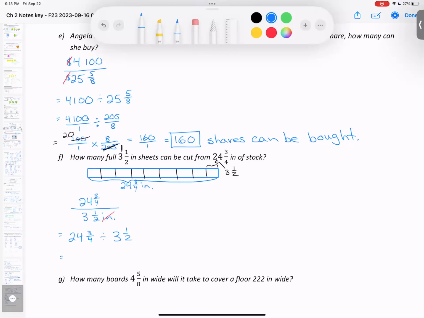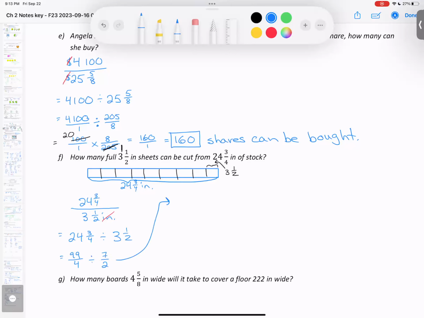So if we do 4 times 24 and then add 3 to it, we get 99. So 99 over 4 divided by 7 over 2.